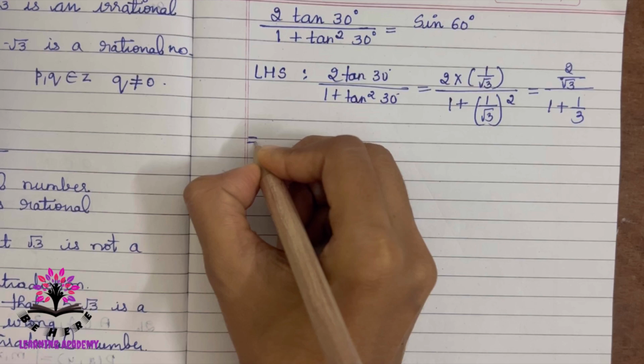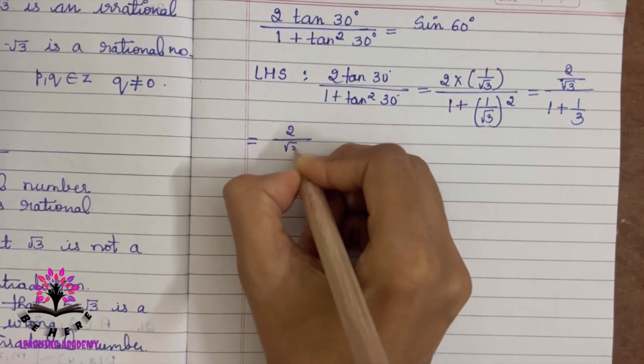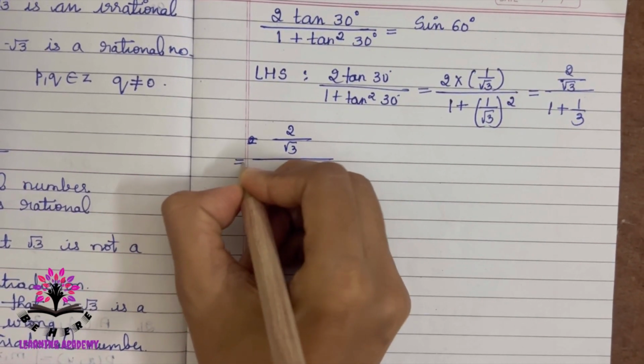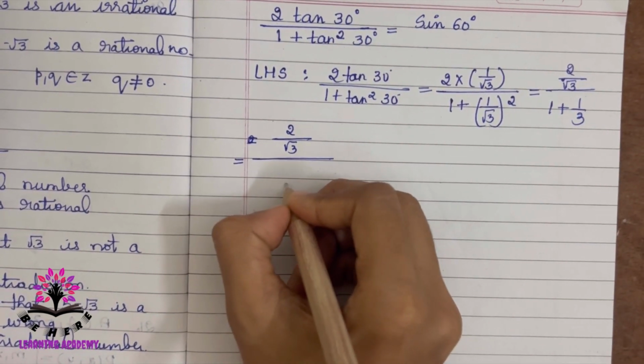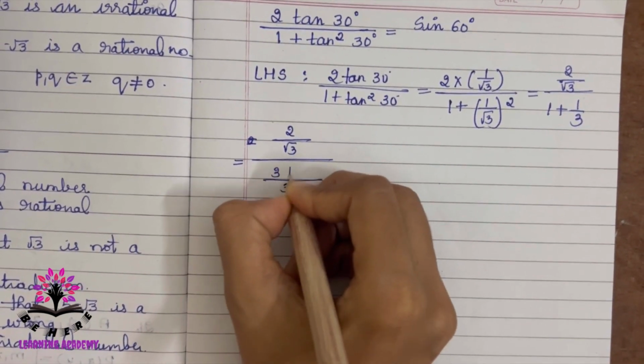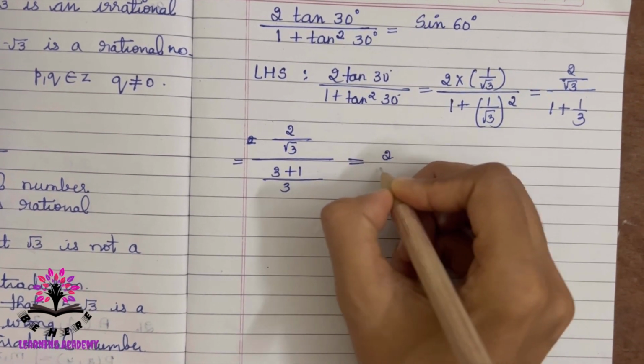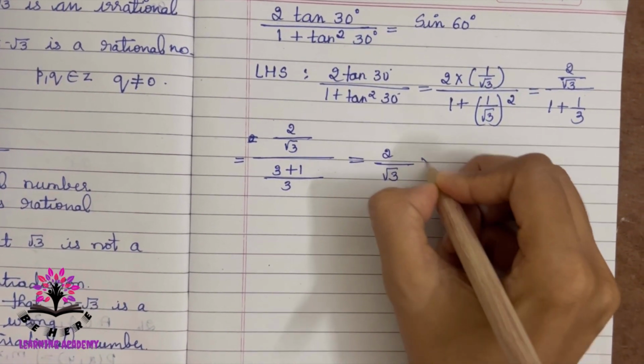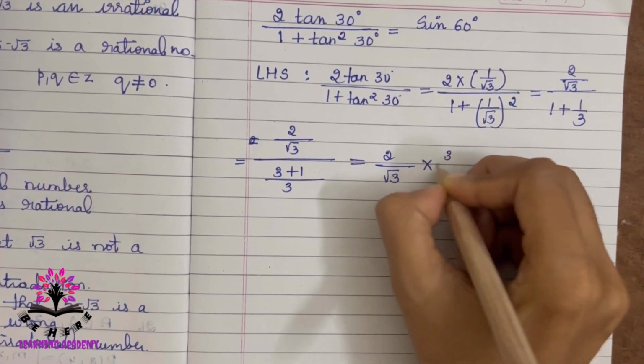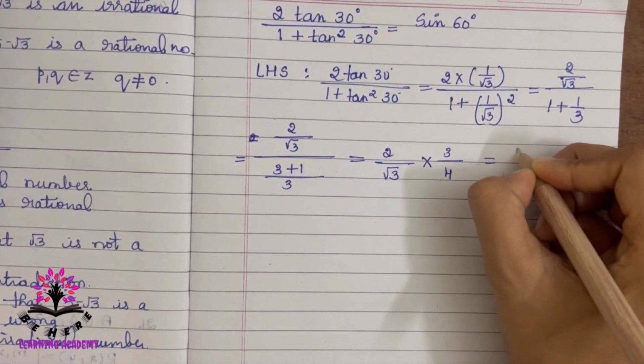Let me continue here. It is 2 by root 3 divided by, take the LCM. LCM is 3, so it is (3 plus 1) by 3. That is nothing but 2 by root 3 multiplied by 3 by 4.